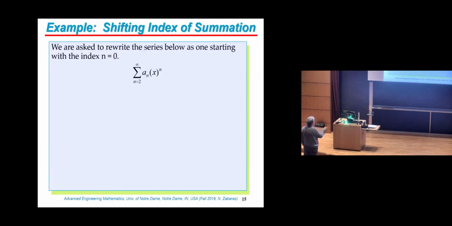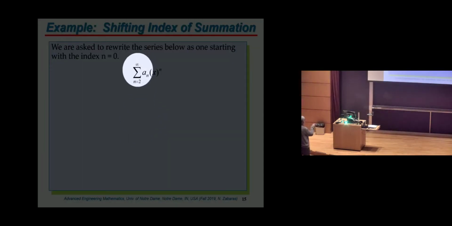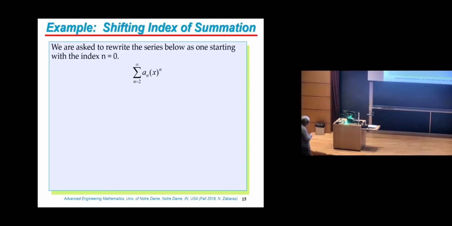All right, so let me take this example, where the summation is from n equals 2. And I want to change it to a summation over some index that starts from 0. So can you tell me exactly what I need to do? I want to write this as a summation of an index n, as a matter of fact, because n is a dummy.